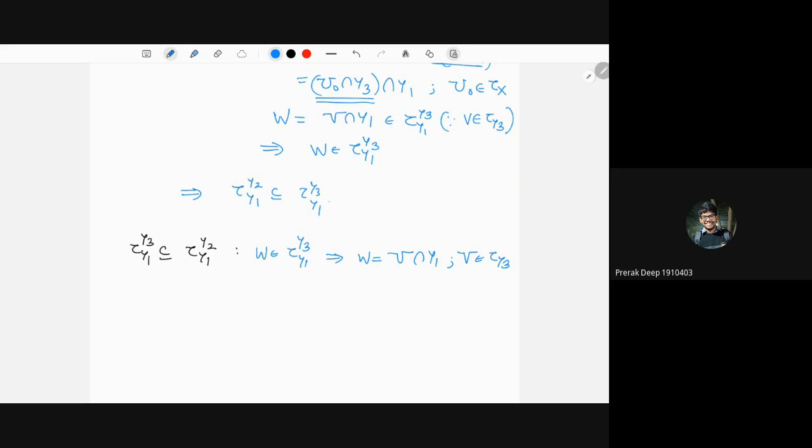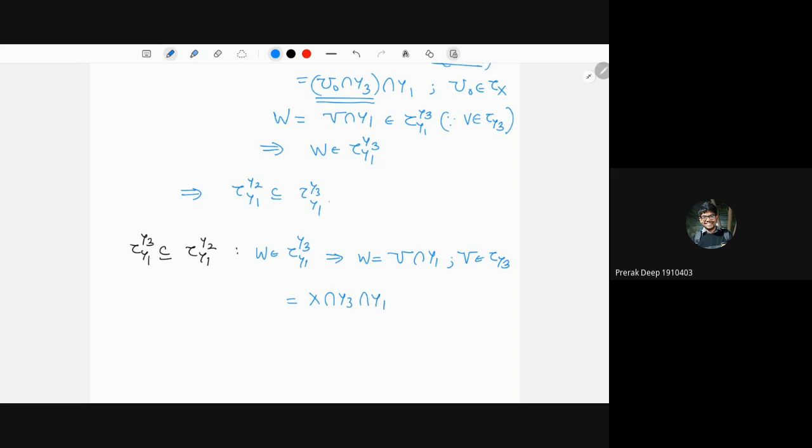So we have this given. Now, V is nothing but X intersection U3 intersection U1.